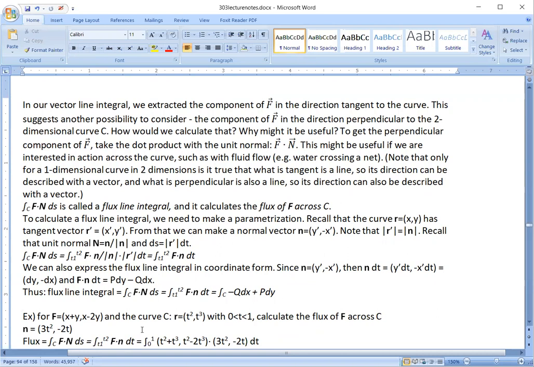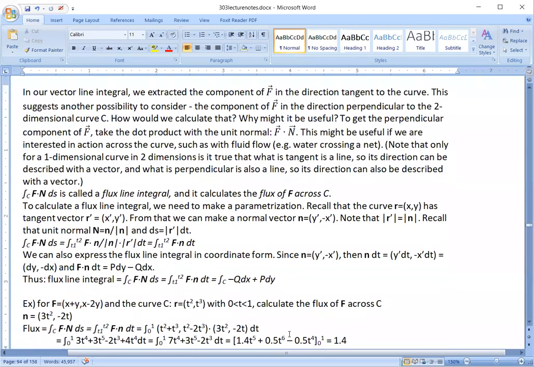So that equals, with the boundary t values 0 to 1, f written parametrically, t squared plus t cubed, comma, t squared minus 2t cubed, and n we just figured out was 3t squared, comma, negative 2t, and then all of that dt.